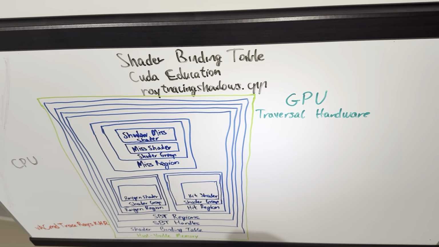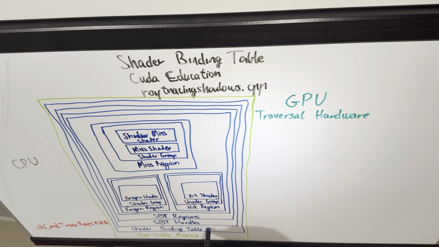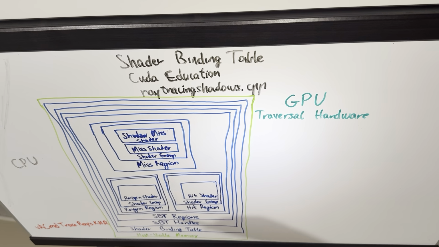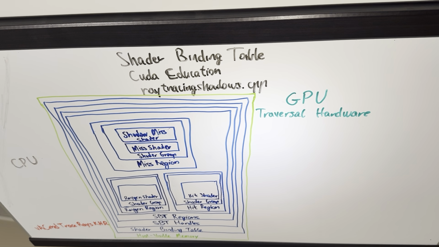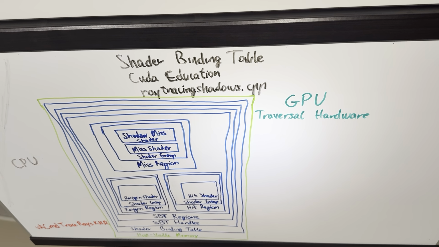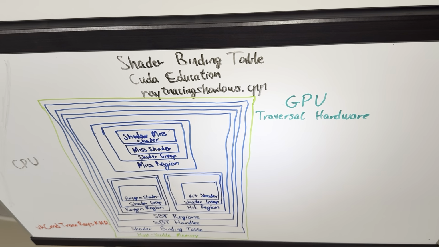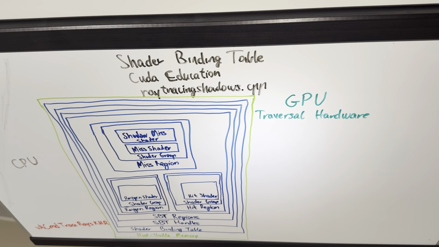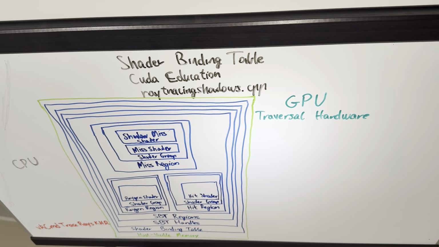Now, technically, the shader binding table lives on the GPU, and all of these elements live on the GPU in GPU memory. Okay. But remember that I say host visible memory. So host visible memory means that both the GPU and the CPU can see it, can update it, can put things in there, can read it, all that good stuff, right? But technically, all of this stuff lives in the GPU.